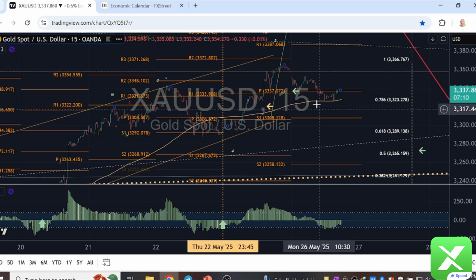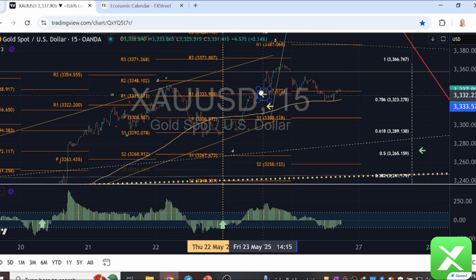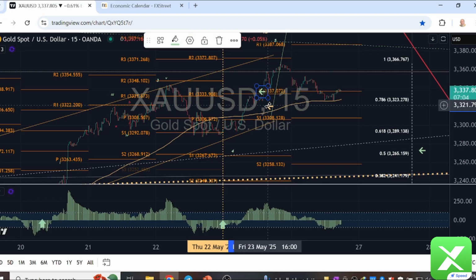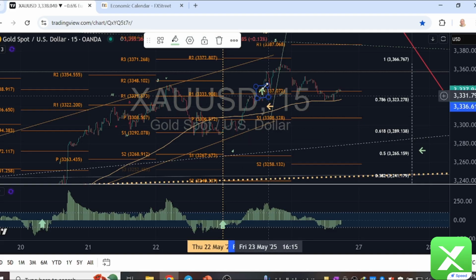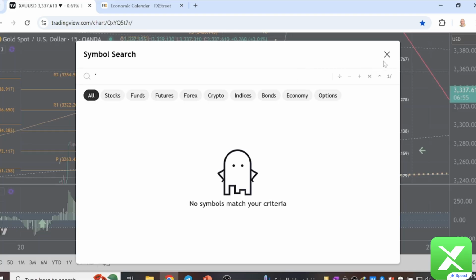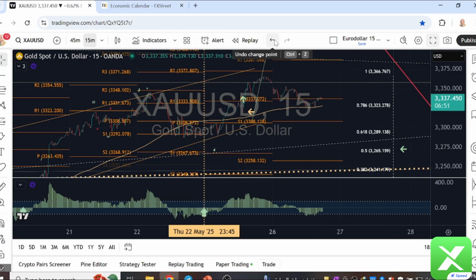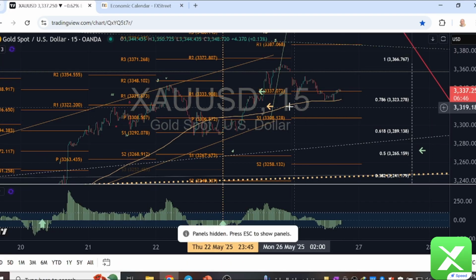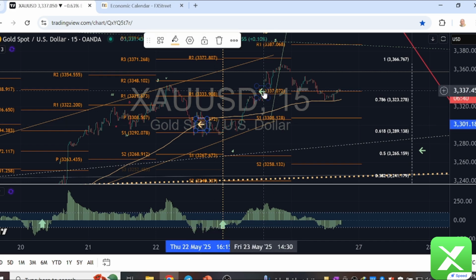If you're going to short-term trade it, if you're going to intraday trade, I'm buying level 3. Bear with us a second. So I'm buying at level 3.